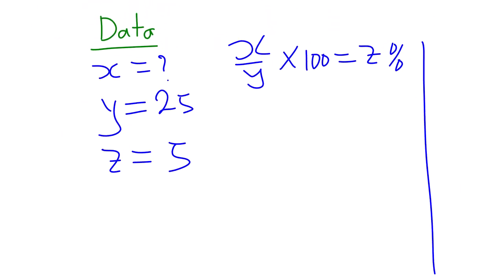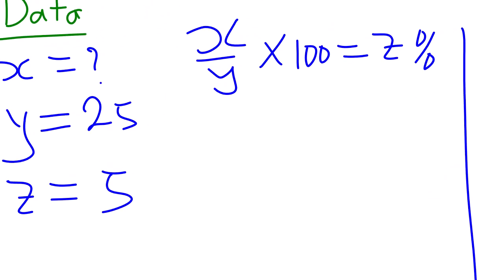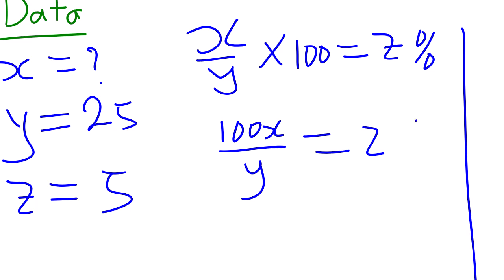So instead of me writing this, I will just say 100X all over Y, then it's equal to Z%. If you don't understand this step, that means you need to go back and watch the earlier videos on basics of calculation, where we explain in detail how to do all these cancellations and others.